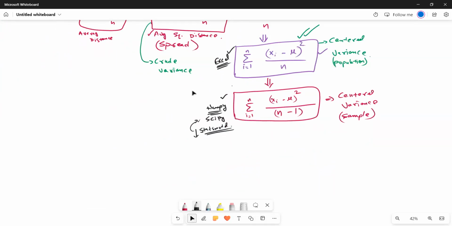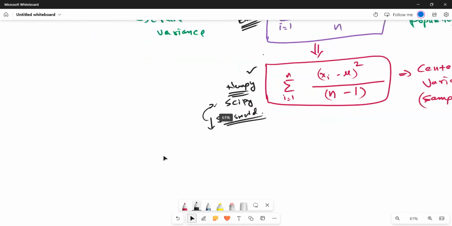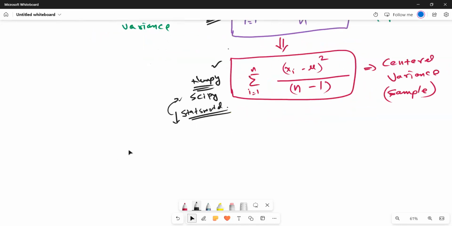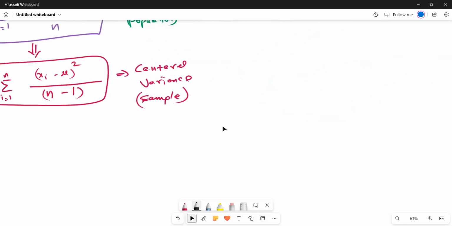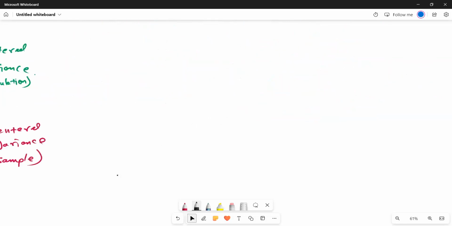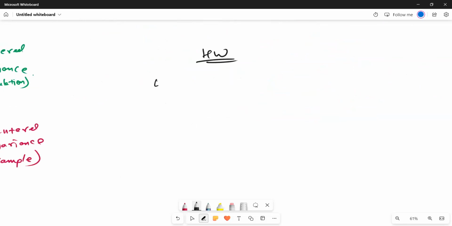One of you is asking to explain the mean calculation manually using 25 data points using the mean formula. So this is your homework. The first step is, let's say you have to create 25 data points.